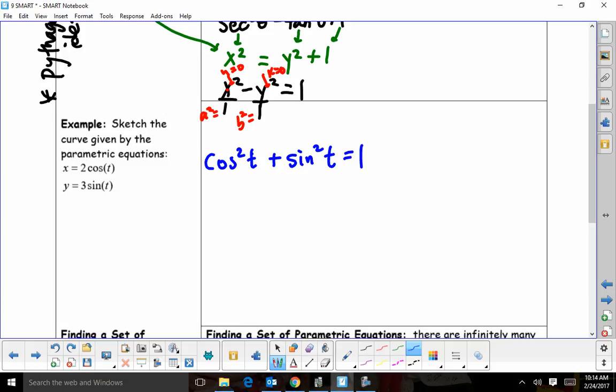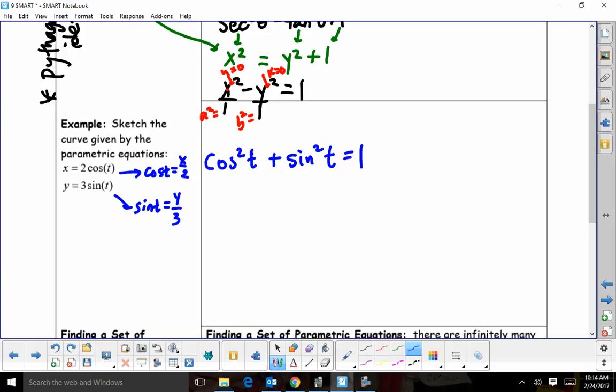But Grant, I don't have a cosine t, I have a 2 cosine t. Oh, I could do what first? Divide the 2 over. Oh, so cosine t is actually just what? X over 2. And sine t is actually just y over 3.